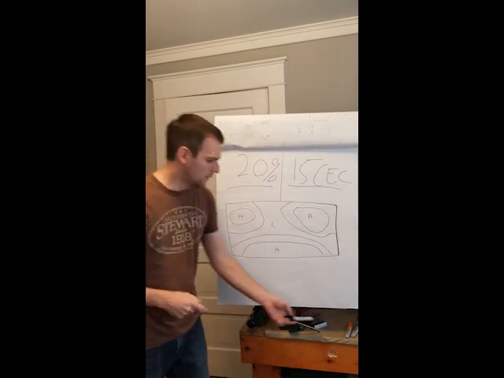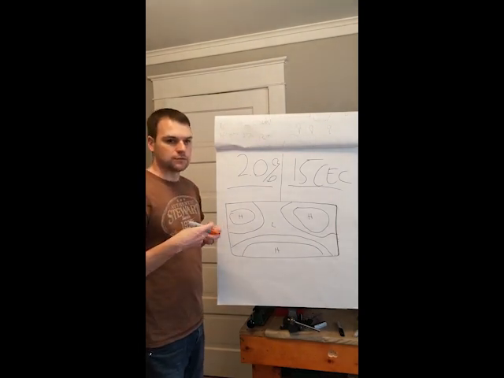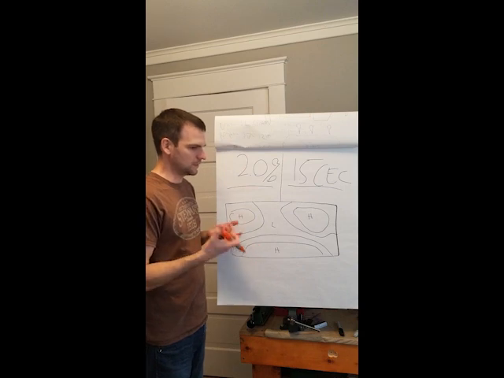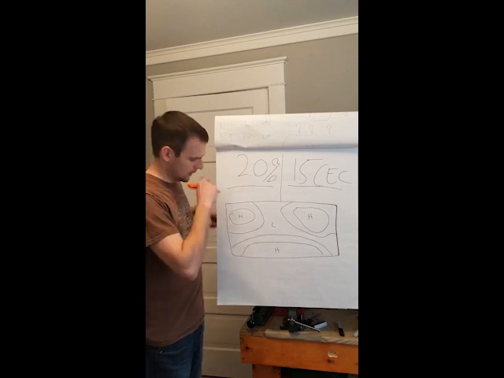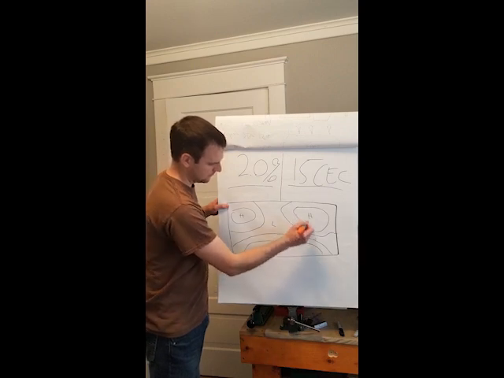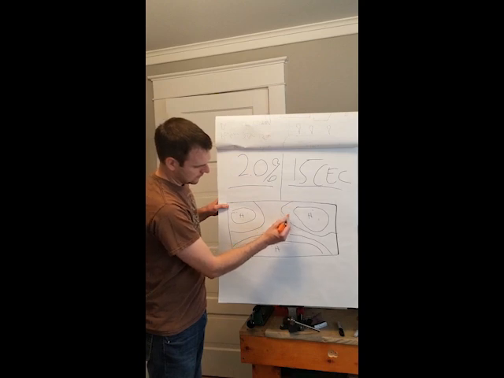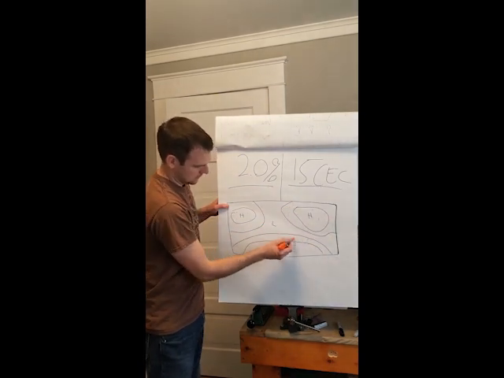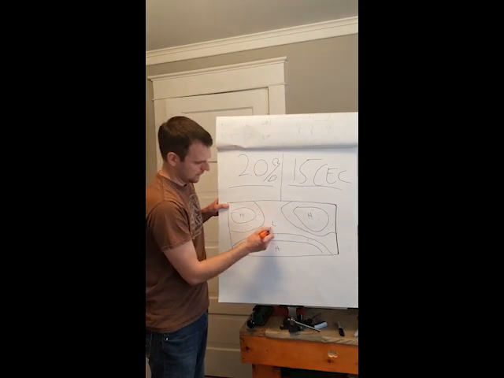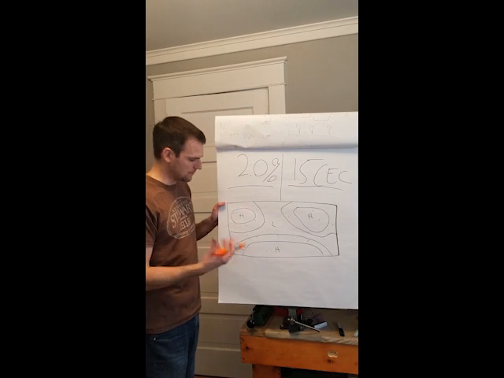If we go out, I don't care if you zone sample, if you grid sample, it really depends on the field and what you're trying to accomplish. But I would look at these, and I'm going to sample my high points. I'm going to sample these zones that are kind of in between, so our slope, and then I'm going to sample our low spots and get those results back.